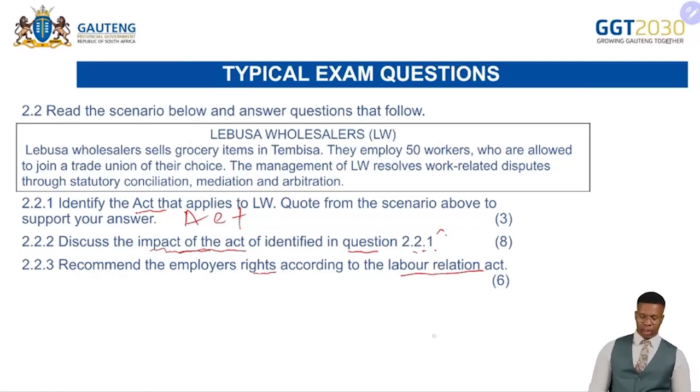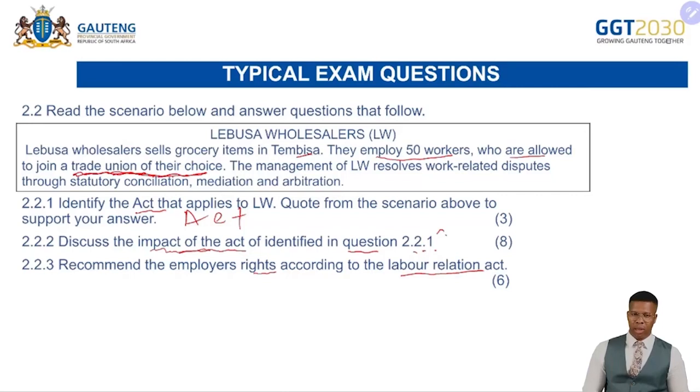Now, let's look into our scenario again. Libusa Wholesalers. Libusa Wholesalers sells grocery items in Tembisa. There's no answer there, obviously. And then they employ 50 workers who are allowed to join a trade union of their choice. Now, what is key there for you is the word trade union, because you should know that out of all the 8 acts, there's only one act that talks about trade unions. There's only one act that would talk about solving disputes.